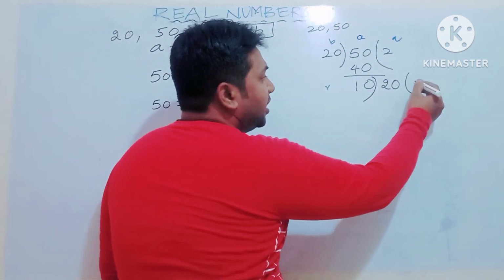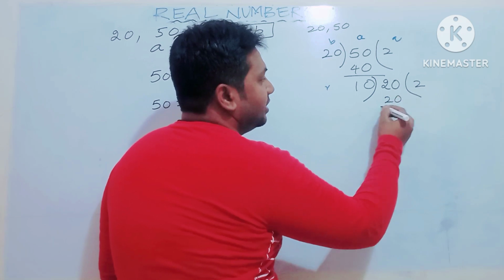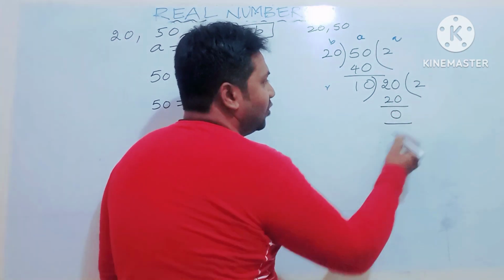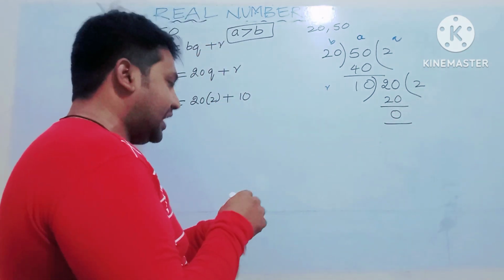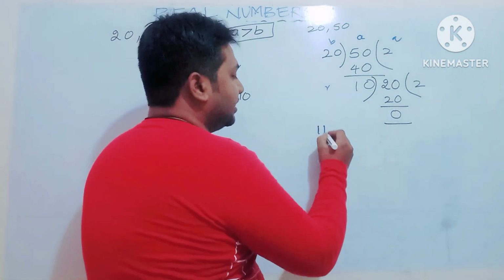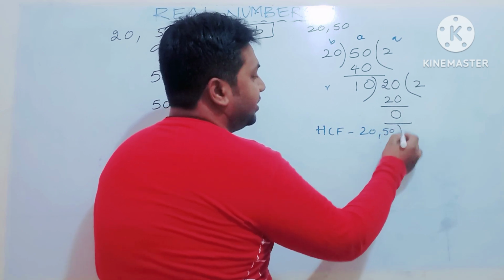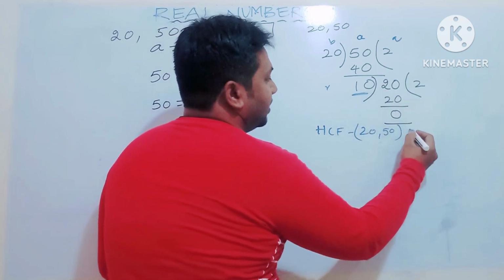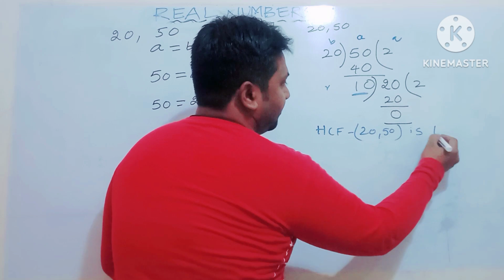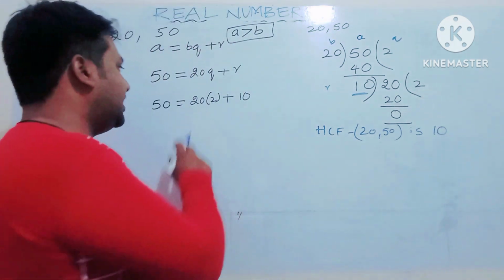Now how many times? 10 2s are 20. Then the answer is 0 and the remainder is 0. And our highest common factor, our HCF for 20 comma 50 is 10. So let us write here and find out.